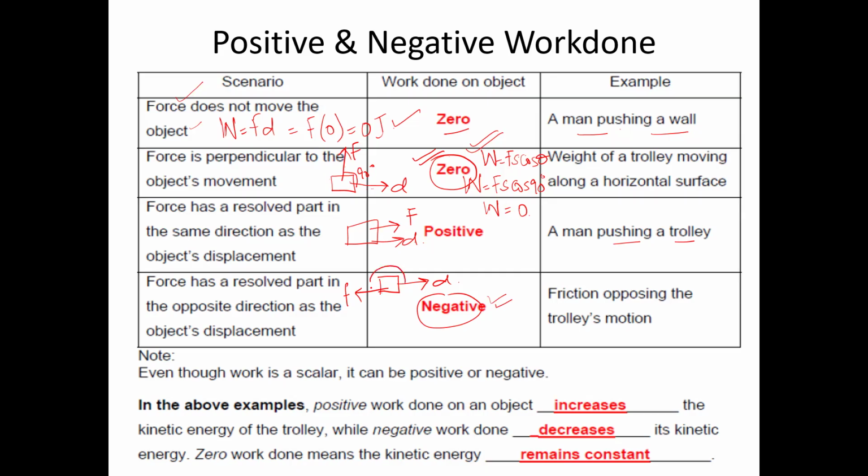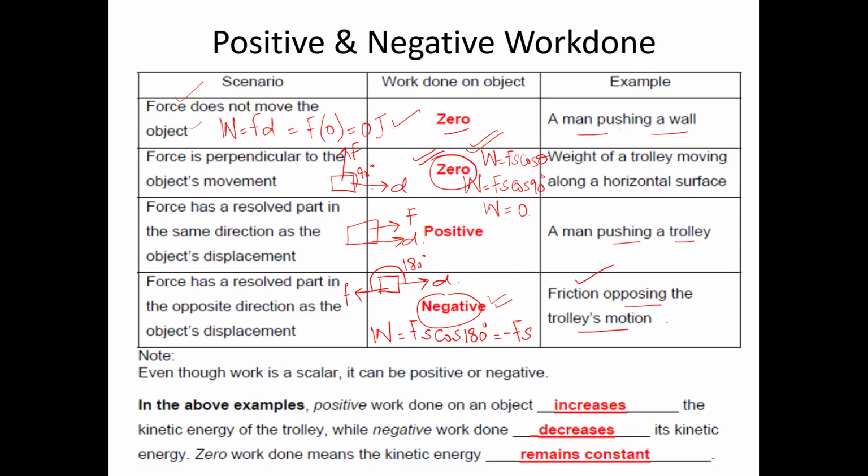Because the angle between them will now be 180 degrees. In the formula W = F S cos 180 degrees, cos of 180 is, if you type it on the calculator, equal to negative, so W is negative times Fs. Friction always opposes the trolley's motion, which is an example where work done is negative.